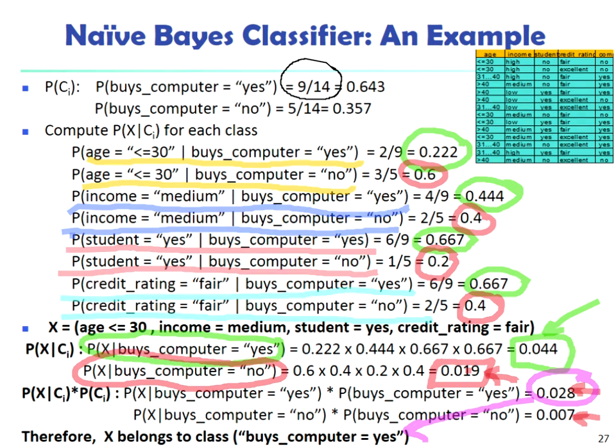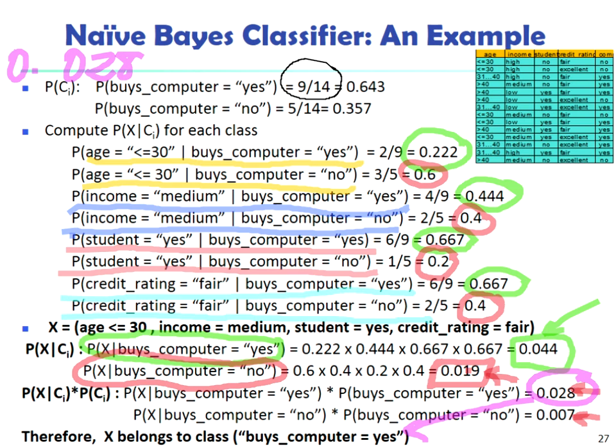Any questions? Okay, so just to understand, here we have to multiply probability of X, the value 0.028.